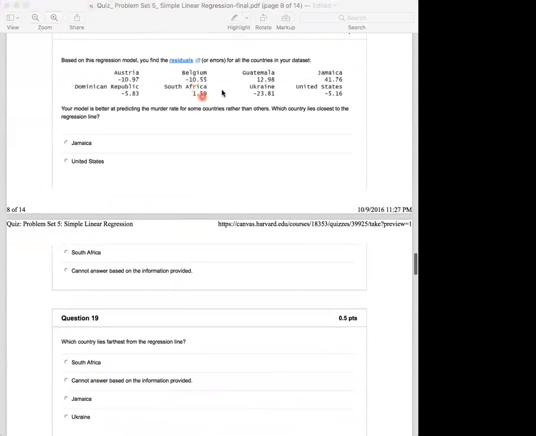They both have positive values. What does that mean? It means it's underpredicted by the regression line. In Jamaica's case, it's vastly underpredicted. In other words, we predict a much lower murder rate than actually exists in Jamaica, given its rate of internet use. Whereas South Africa, given its rate of internet use, was very well predicted by the regression line.